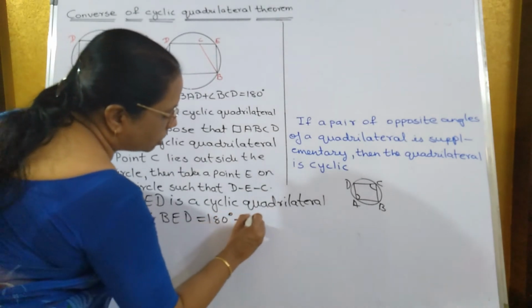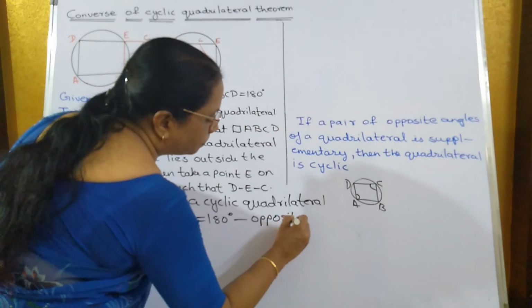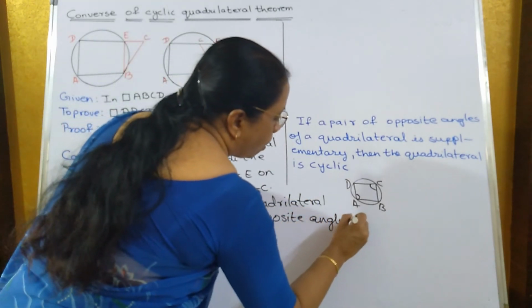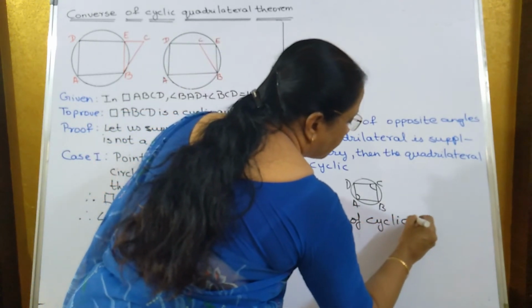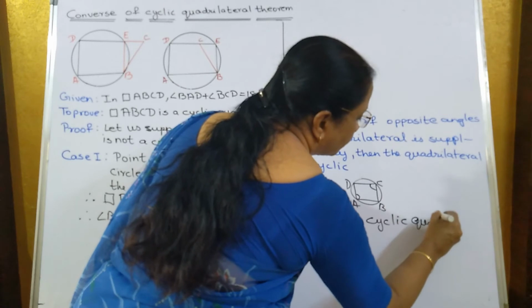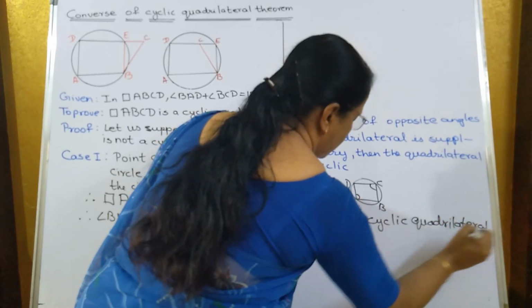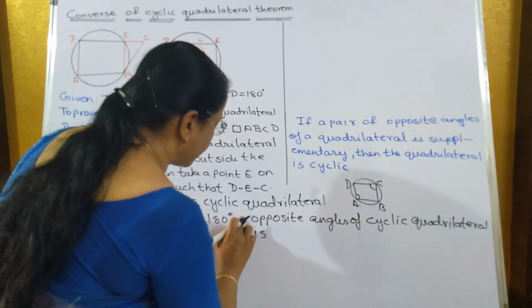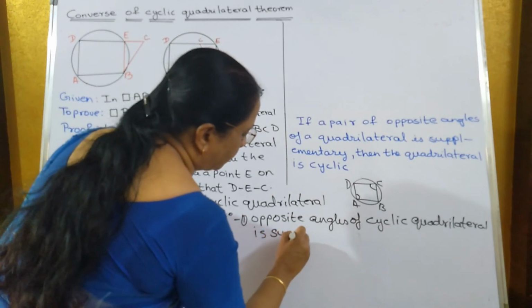Reason what you'll write? Opposite angles of cyclic quadrilateral is supplementary. Let us take this as point 1.